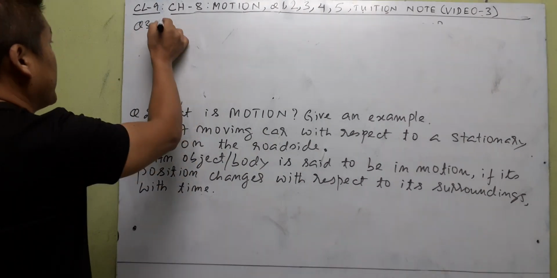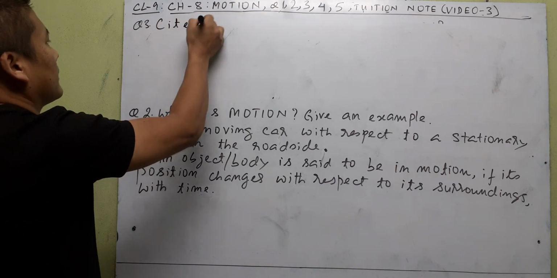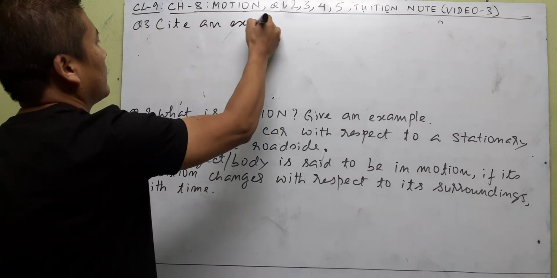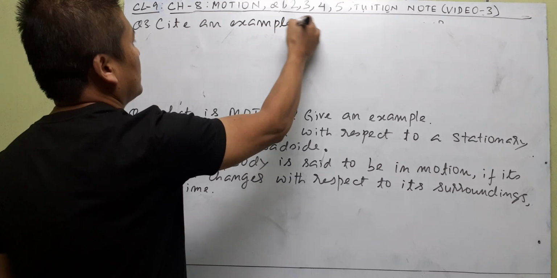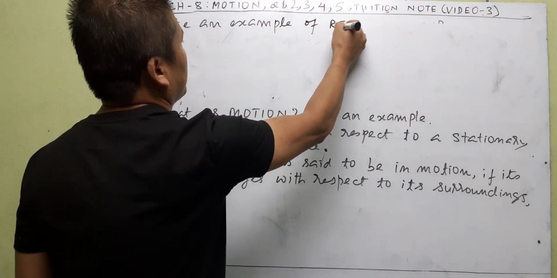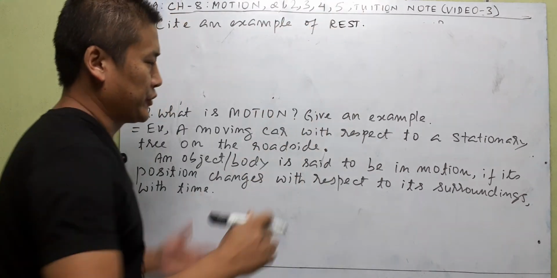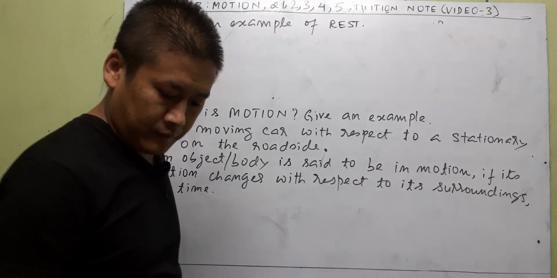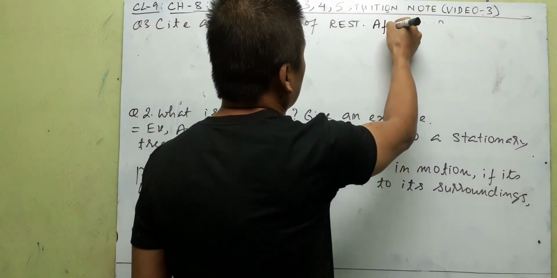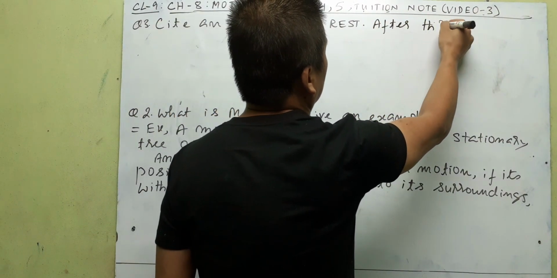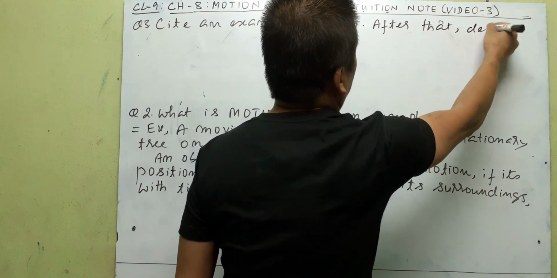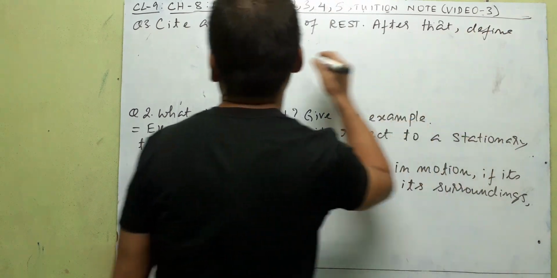Cite an example of rest. Cite and write it down. Example of rest. So rest is going to be an opposite of motion. Then after that, define rest.